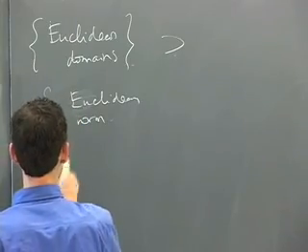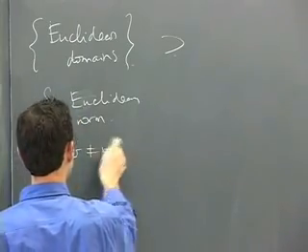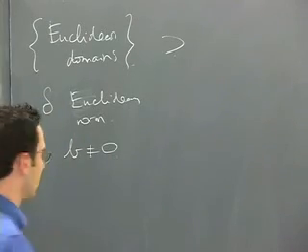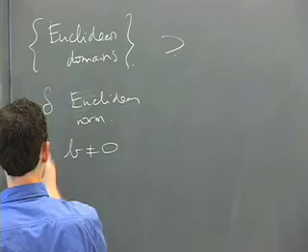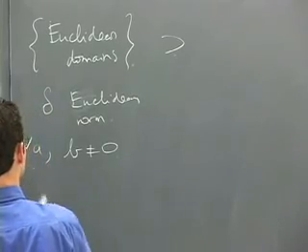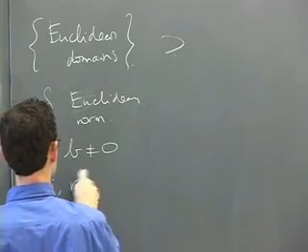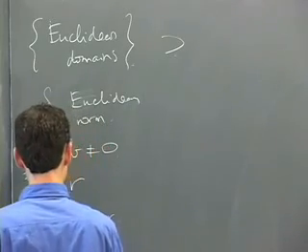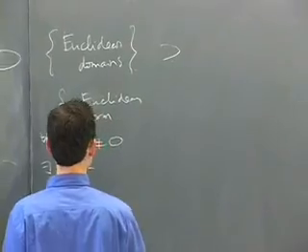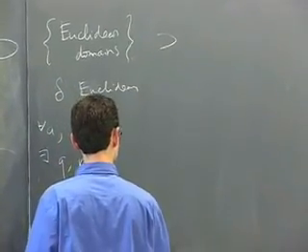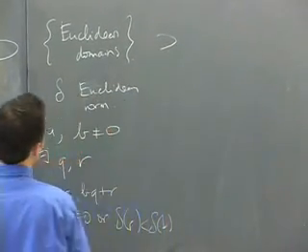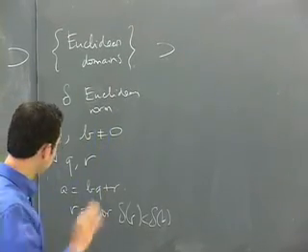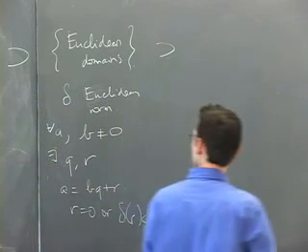And here's a hypothesis that was left out: for all a, b such that b is not equal to 0, there exists a quotient q and a remainder r such that a equals bq plus r, and r equals 0 or delta of r is less than delta of b. There are various ways of normalizing the Euclidean norm and so on, but that's really not that important.